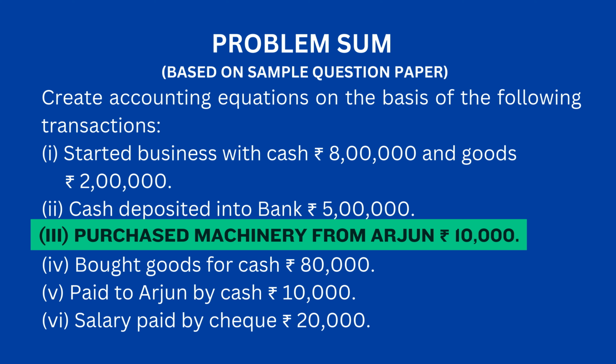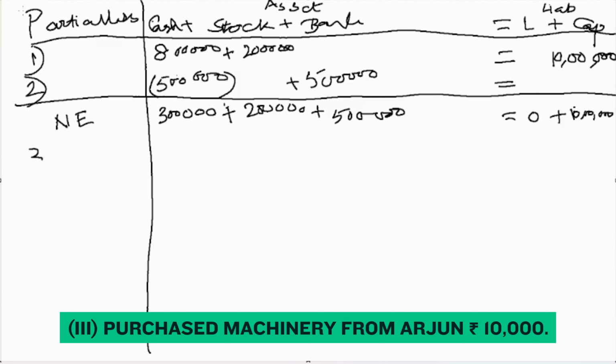Now, the next question says purchased machinery from Arjun 10,000. So here machinery will be added and liability will be added because it is done on credit. A purchase done on credit, so a creditor gets generated, that means liability gets generated. Now, for the third equation, we are going to buy machinery.